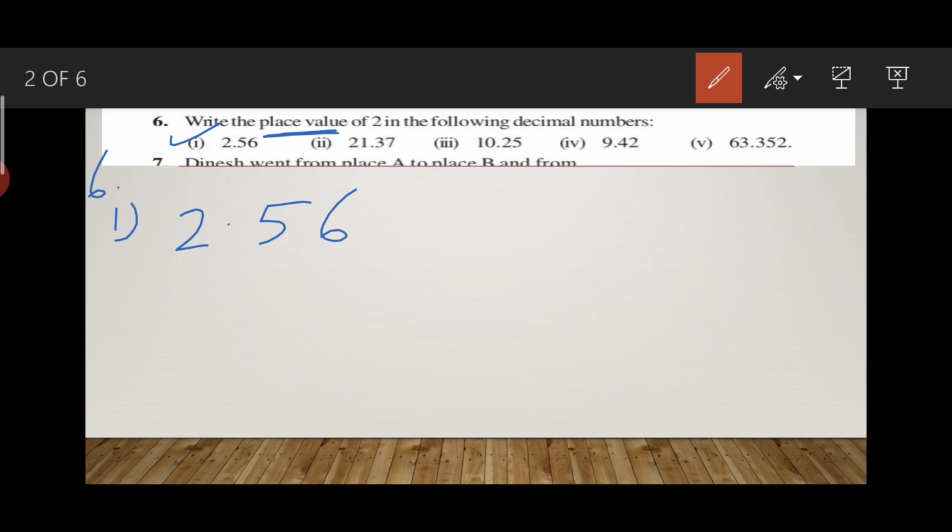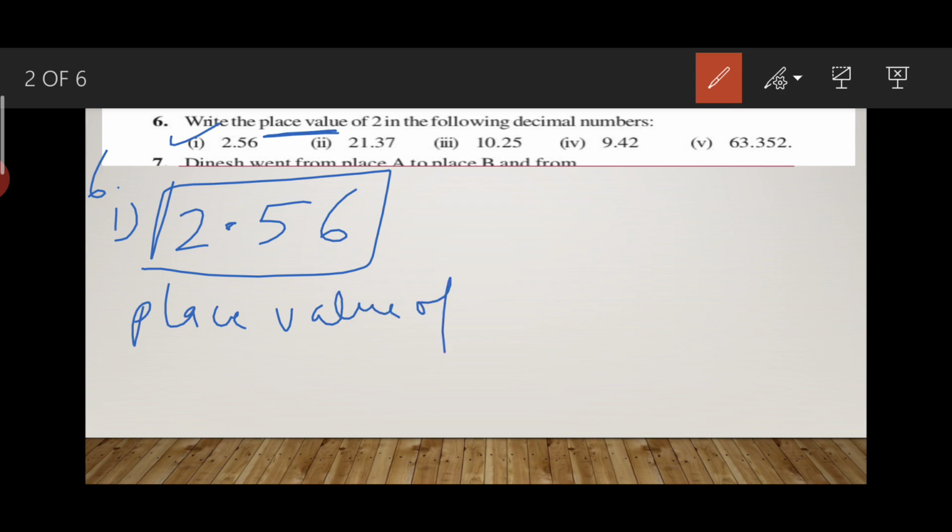As you can see, in this question 2 is before the decimal, so the place value of 2 here will be ones. So what will we write? You have to write the place value of 2, which is 2 into 1, that means 2 ones.